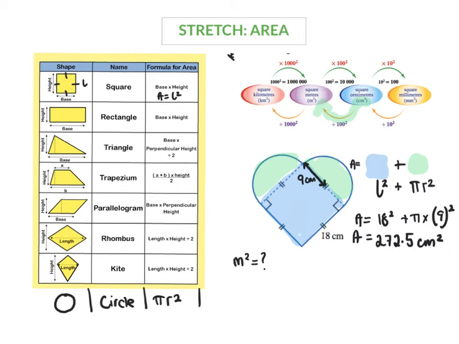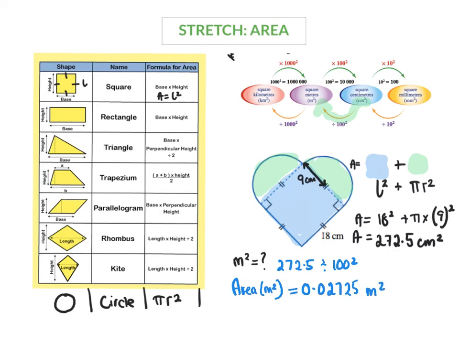So to get the meter answer, I'll do 272.5 divided by 100 squared, and so therefore, if we wanted the area in meters squared, we can do that on our calculator as well, and we get 0.02725 meters squared. Okay, so that's just in case you have to convert it.